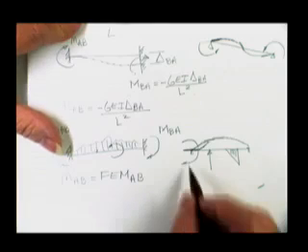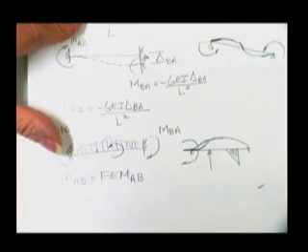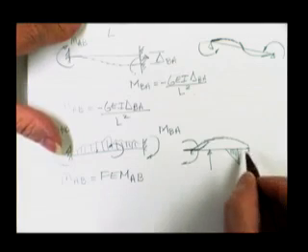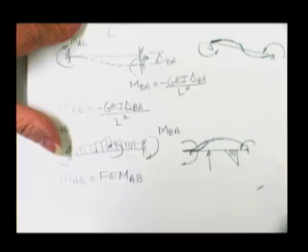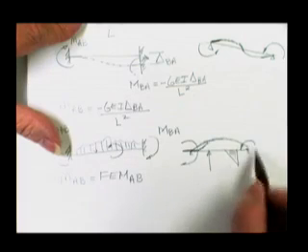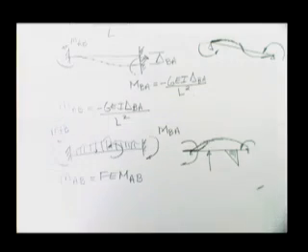Would that be a positive or a negative moment? Positive is correct because it's clockwise on the end. On this end here, you'd have to do that. That would be a negative moment because on the end of the beam, you're cranking in the counterclockwise direction.